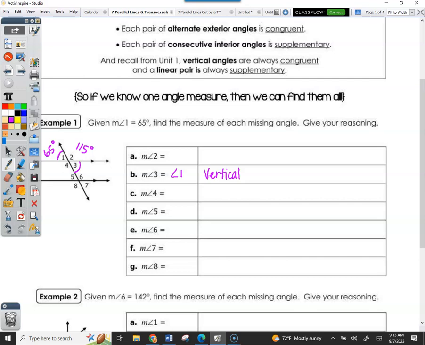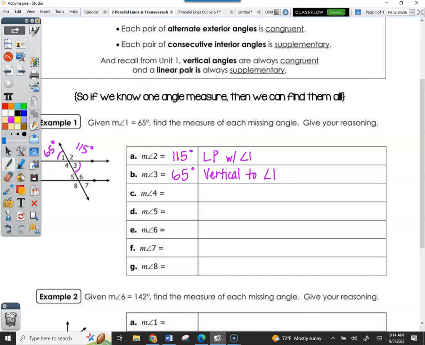If angle 2 is 115, we got that because it was, I'm going to do LP for linear pair, linear pair with angle 1. I guess on B I shouldn't write angle 1, I should write 65. I'm going to erase this right here and put 65. And I'm going to say it was vertical to angle 1. There we go.